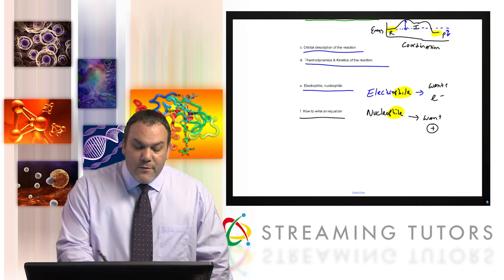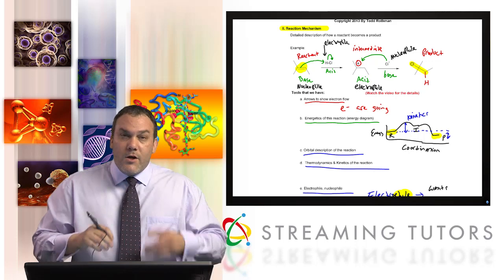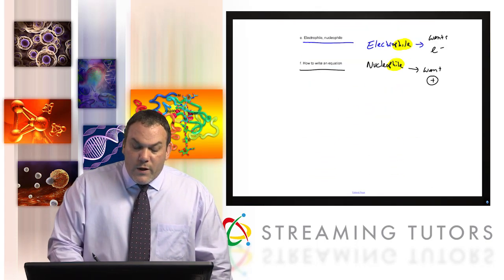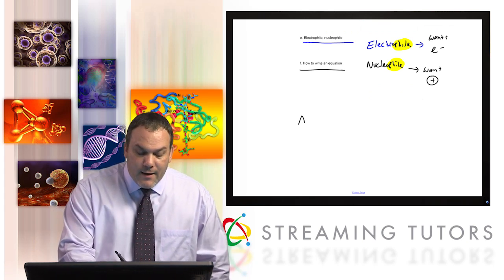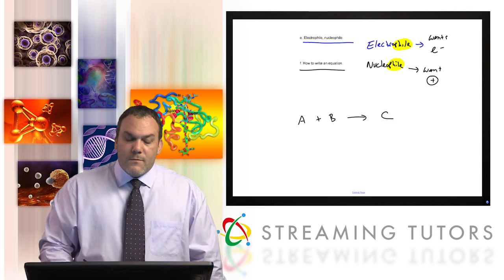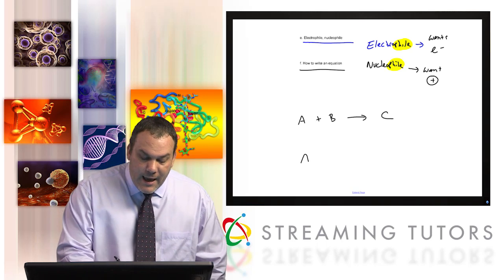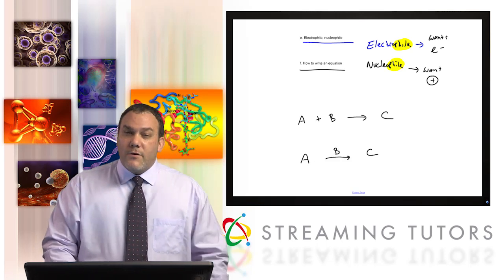And then finally, how do we write equations? Well, I already have that listed up here. This is the way you would write it. You would draw this out the way I illustrate here. Now, one thing I want to point out is that, let's say I have A and it's going to react with B to become C. This is no different than writing A reacts with B to become C, notice what I did?